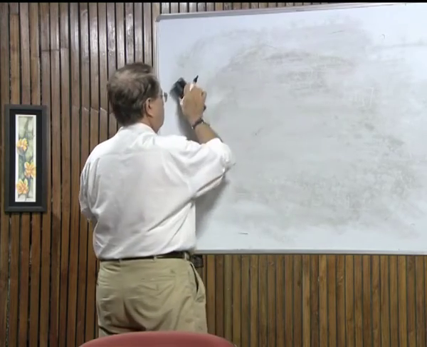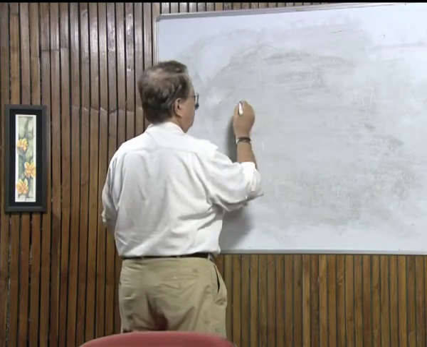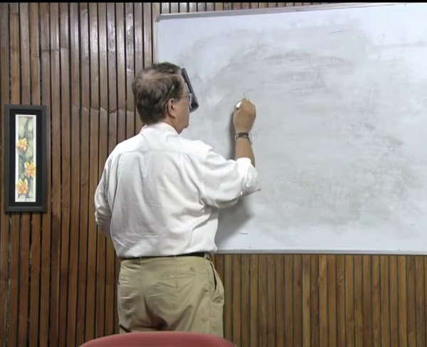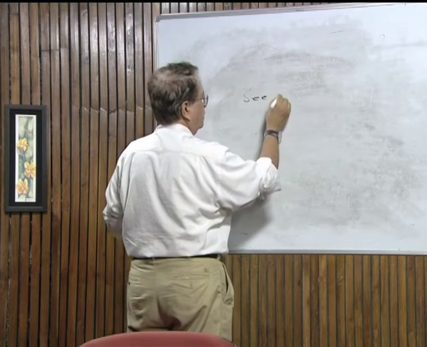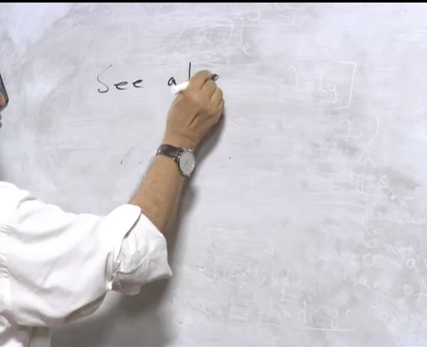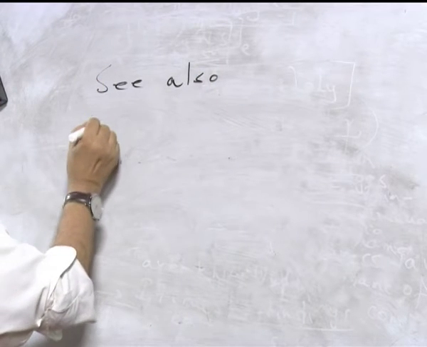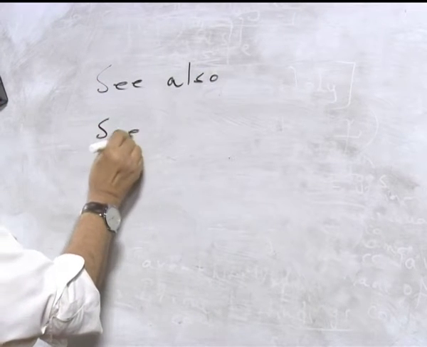So, if you look into how various thesauruses work, then you would see that they bring in some kind of organization through what we call See references, See also references.